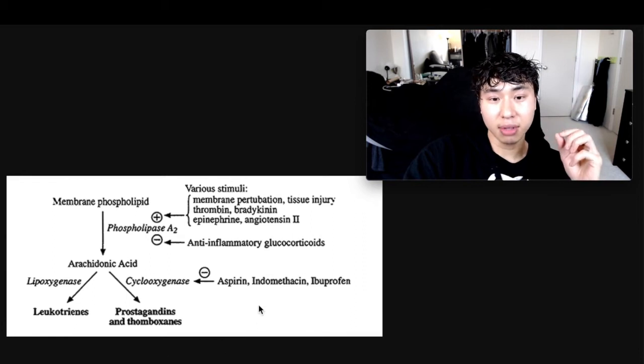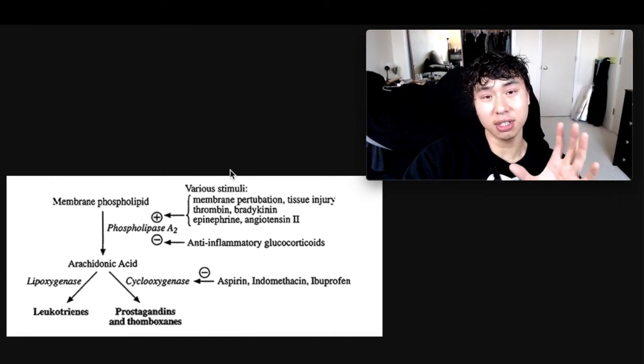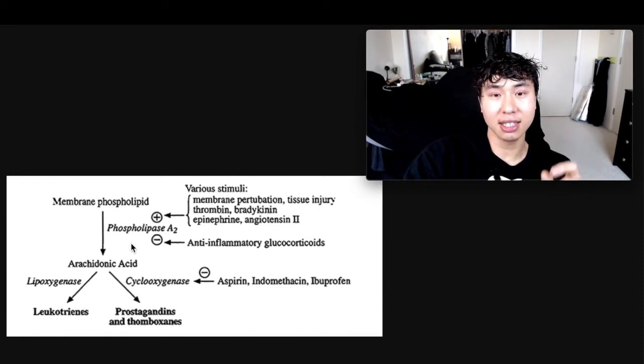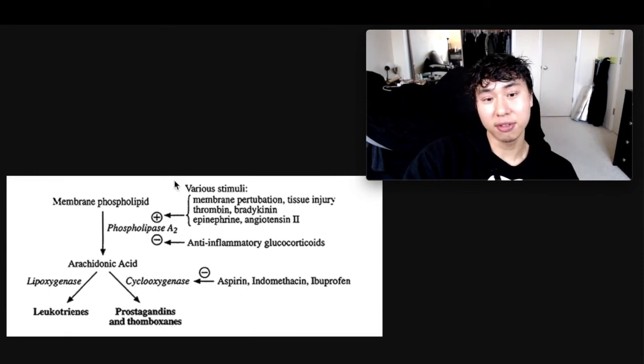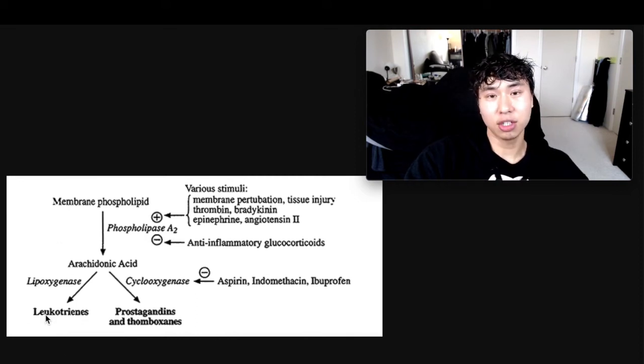And instead of blocking these inflammatory chemicals, why not go upstream and block the initial stimulus to the body and to these cell membranes that's causing this inflammatory pathway to occur in the first place? If you can eat anti-inflammatory foods, you can prevent this reaction from happening, and your body will not accumulate leukotrienes and prostaglandins as much. Most people don't watch their diet, and they're building up all these inflammatory chemicals.